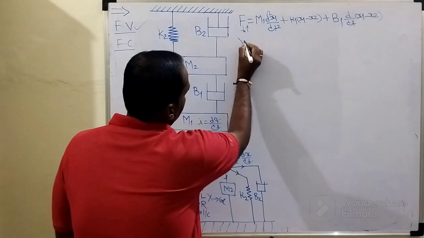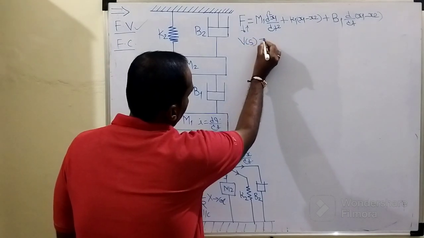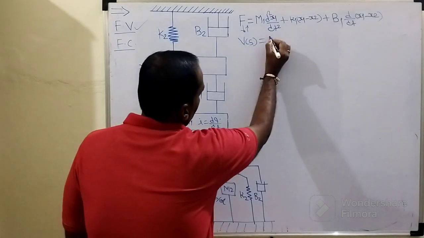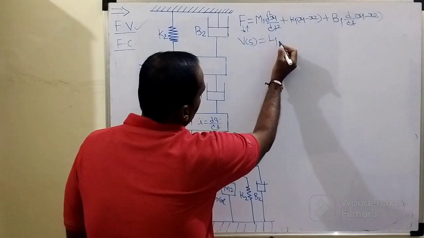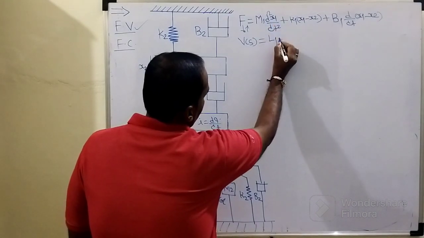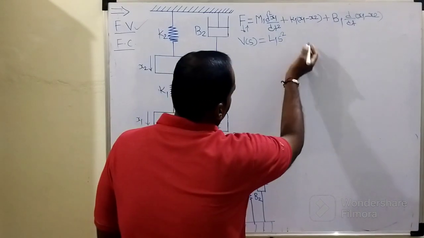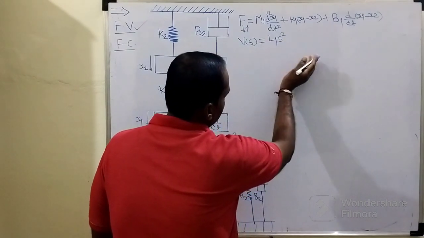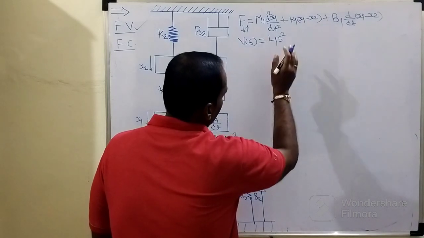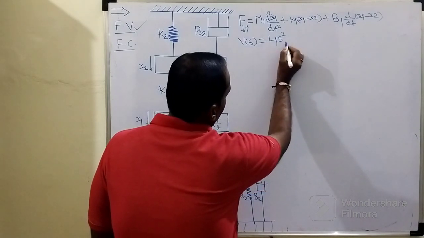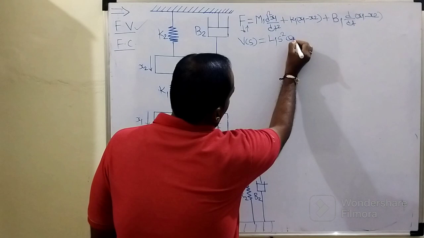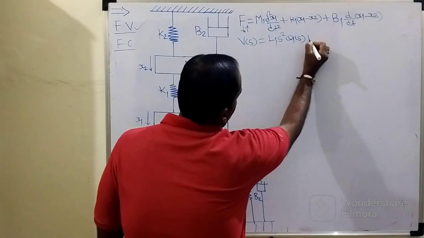F is analogous to V, so in the S domain it will become V of S. M is analogous to L, so L1 into, as we have the second order differentiation, S square into X, where displacement is analogous to Q, so directly I am writing L1 S square into Q1 of S, like this.